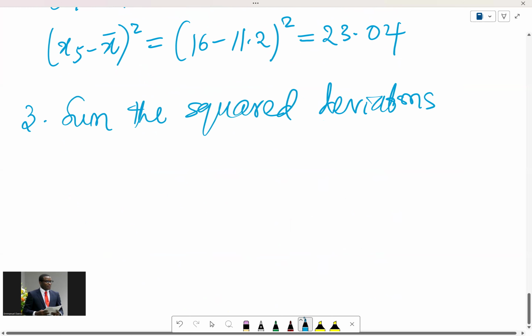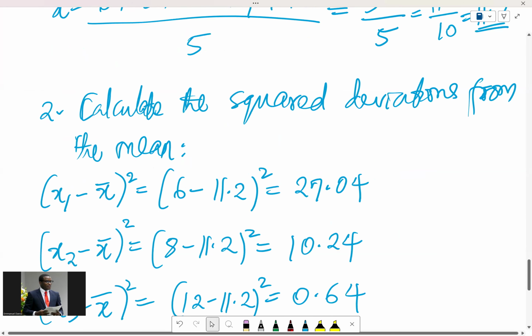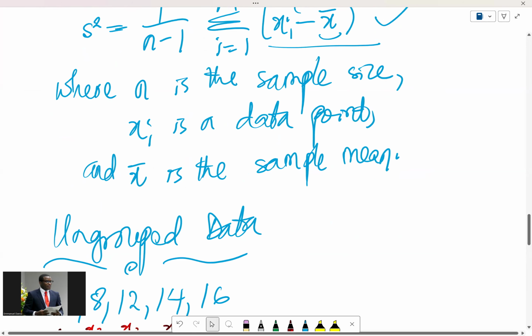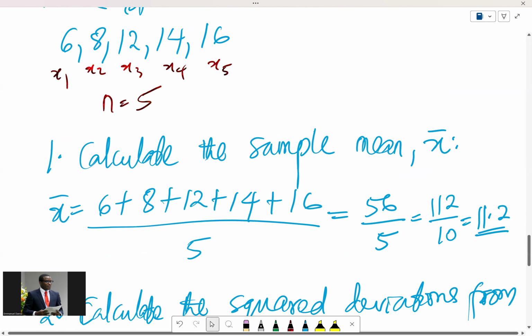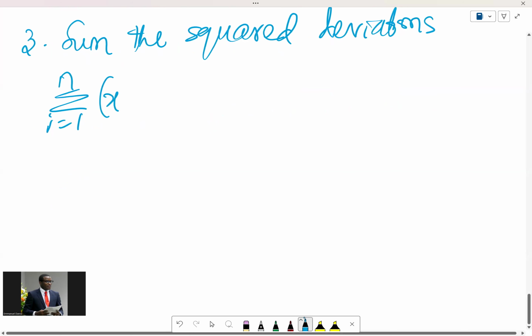I can write that symbolically. Summation from i equals 1 to n of xi minus x bar all squared. That's what that is.